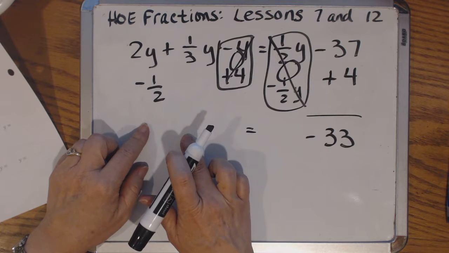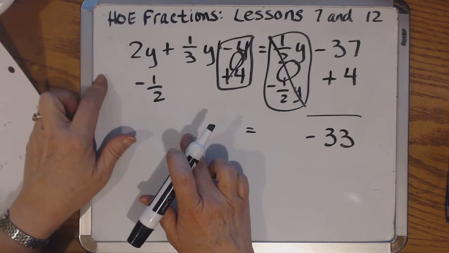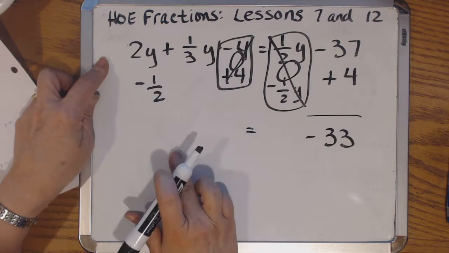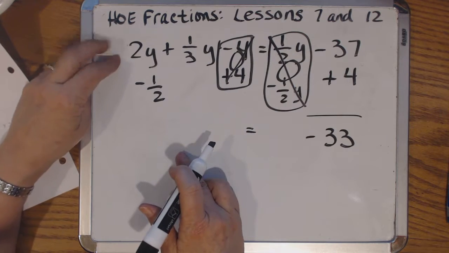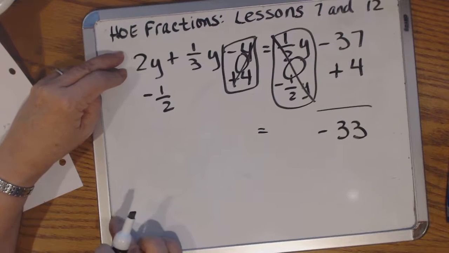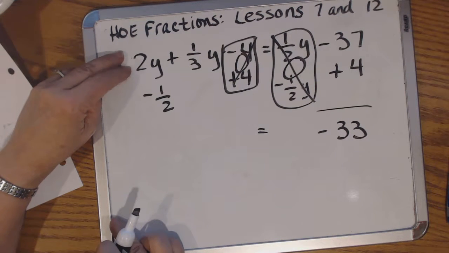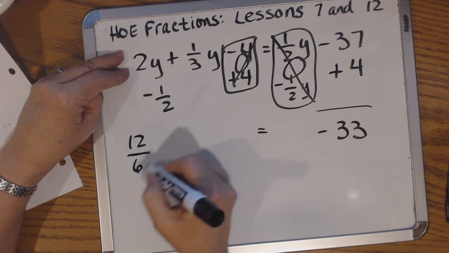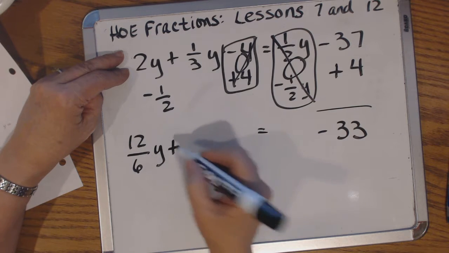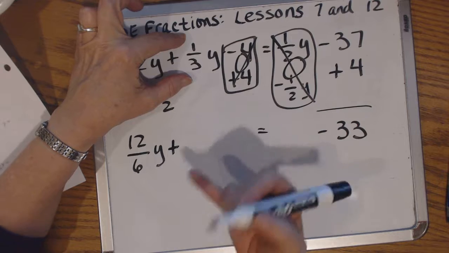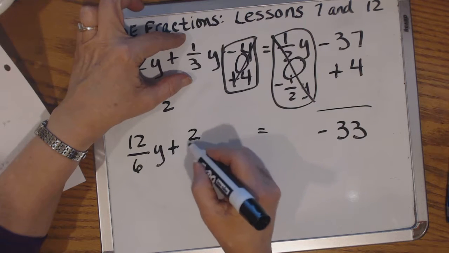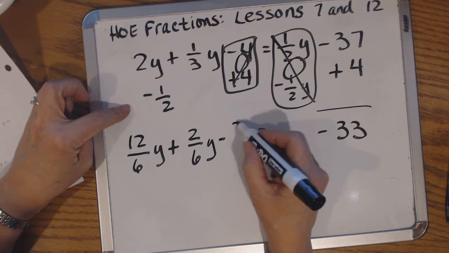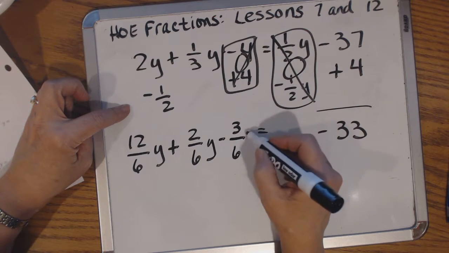This side here, I've got a lot of mixed fractions. I guess I'm going to need to really think in terms of 6, right? So let's just rewrite the whole thing in terms of 6. I've got 2 wholes, in terms of 6 would be 12/6 of y, plus 1/3, if I make it 6, that would be 2/6 of y, minus 3/6 of y.